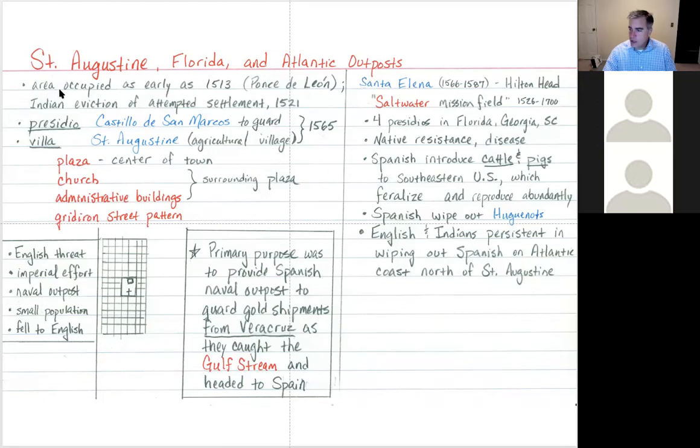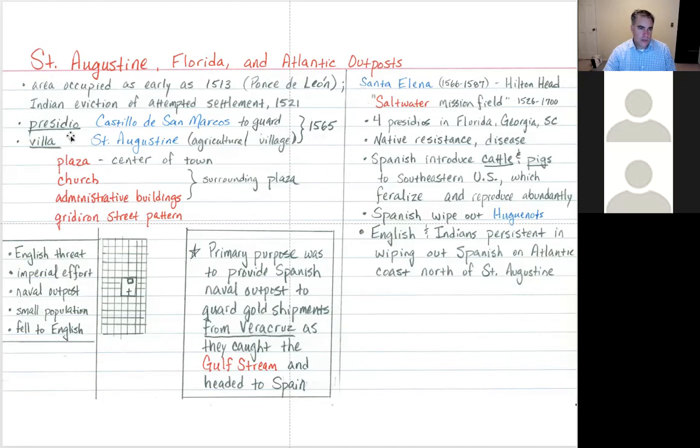They established a settlement later on, with the intention of maintaining control over the shipping lanes.